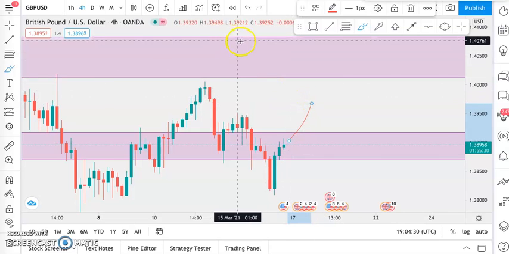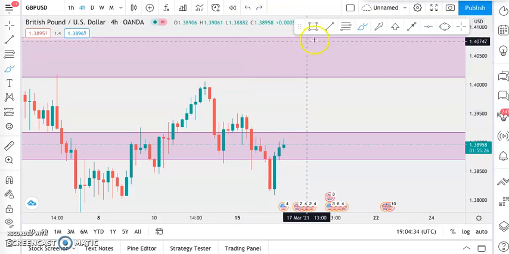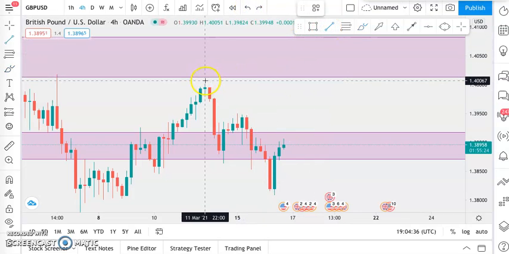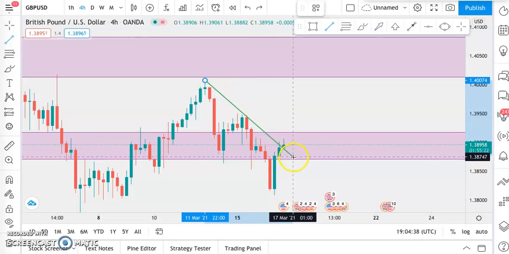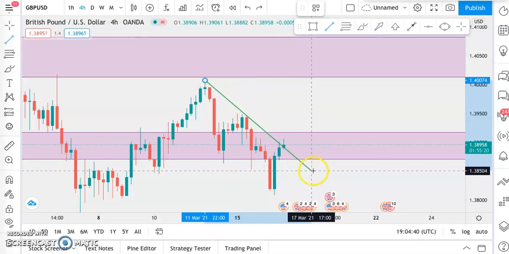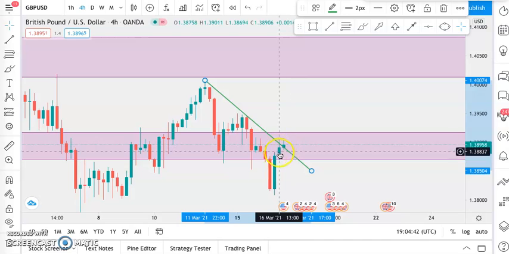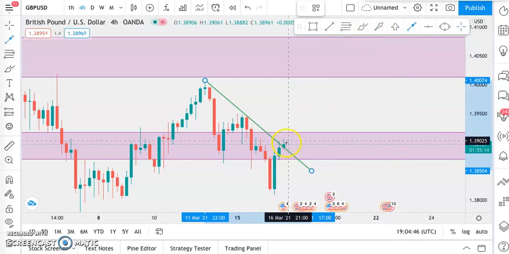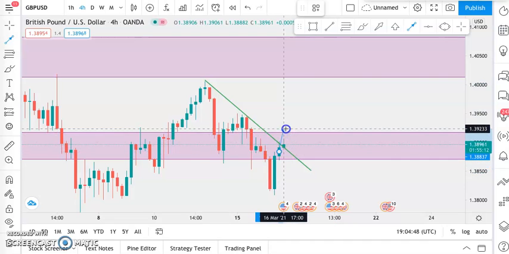But at the moment, what we can do is to draw this counter trend line here, and wait for the market to have a strong break above this trend line we've identified.